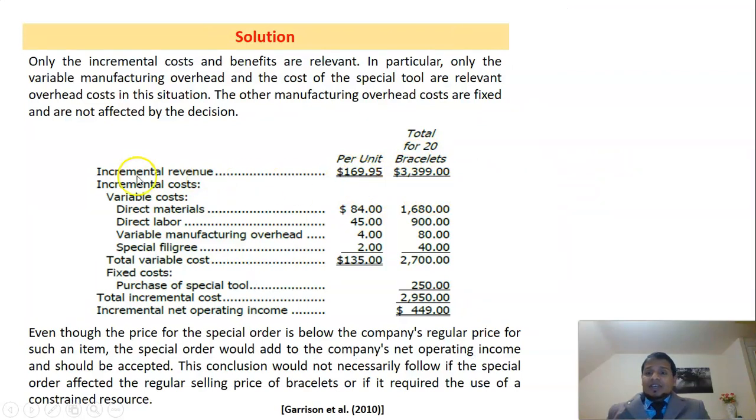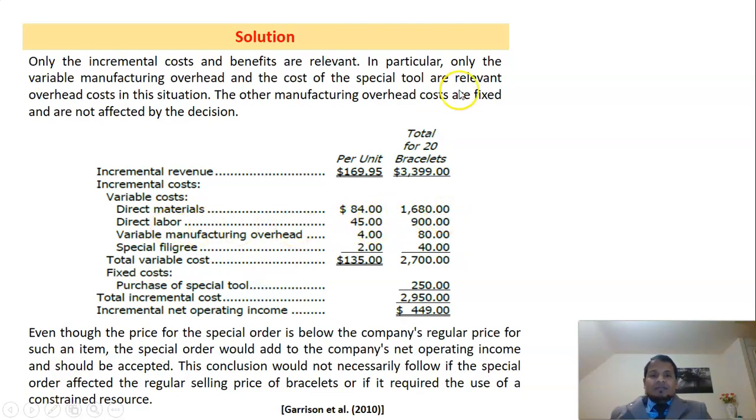Okay. So incremental revenue, what will happen if the special order is accepted? This is the revenue per unit, and if you multiply it by 20, this is the total revenue you can expect. So what are the costs? The variable cost is direct material 84, multiplied by 20 is 1,680.